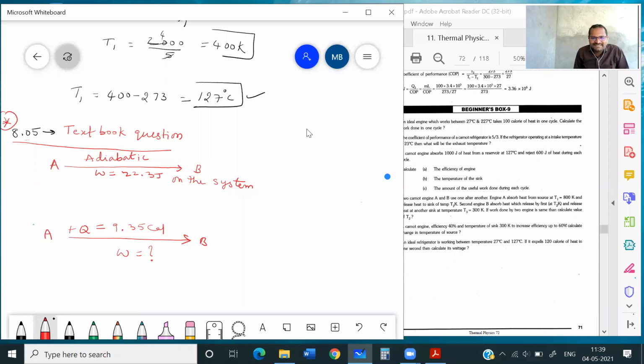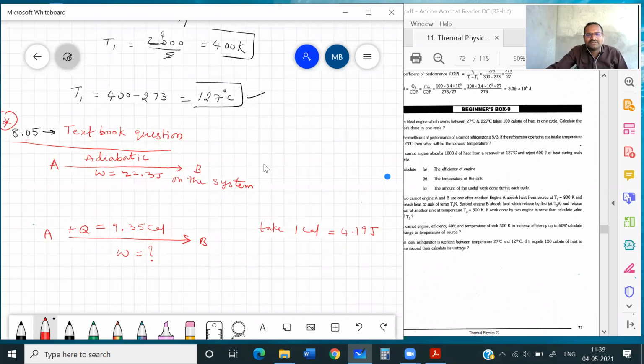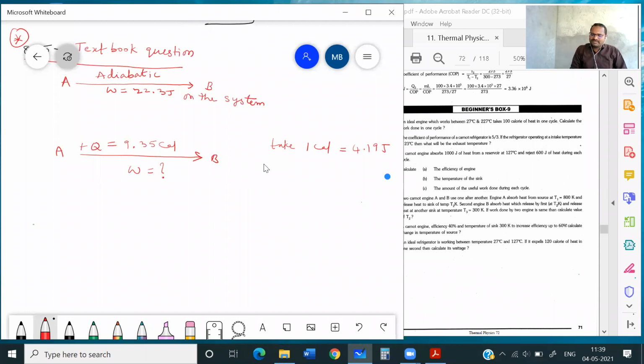And they have given that take 1 calorie to be equal to 4.19 joules. They said, okay, this is the question. I think you understand the question clearly. Important, Nana, for your objective. What they have given: one gas is there. This gas state is changing from A to B by two methods.